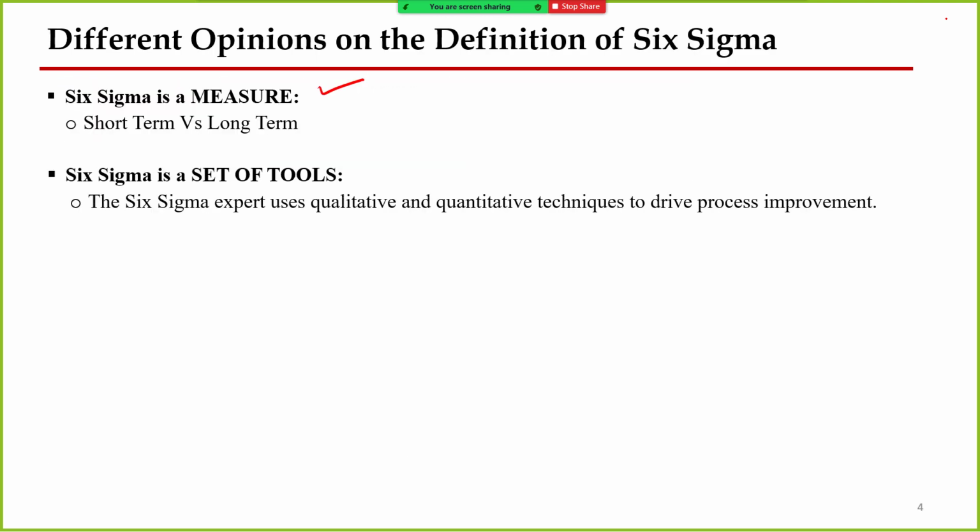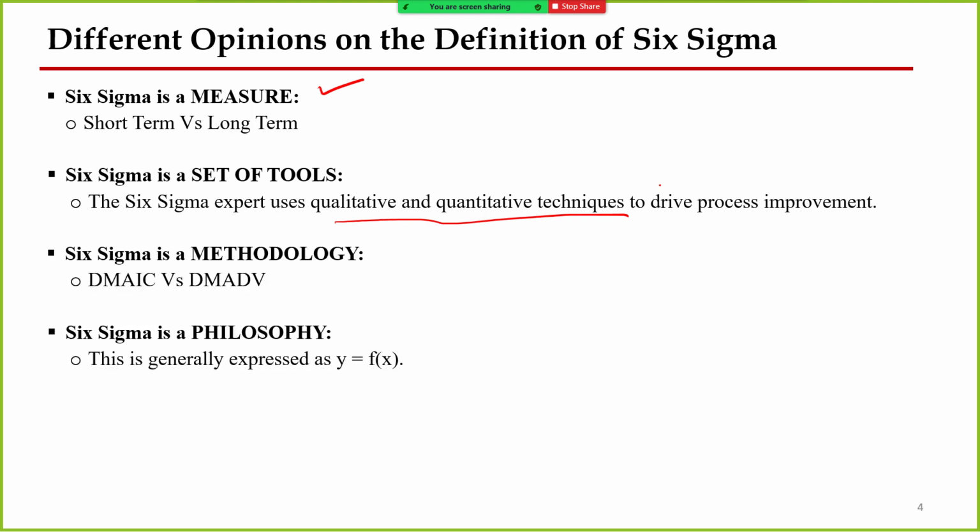Okay, next thing is that Six Sigma is basically a set of qualitative as well as quantitative techniques. What those tools or techniques are, we will talk about in a minute. And then people talk about Six Sigma as a methodology.